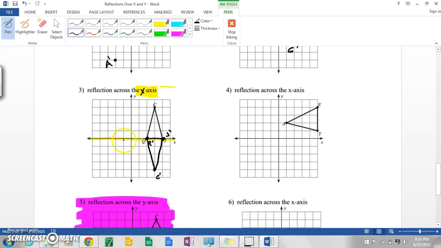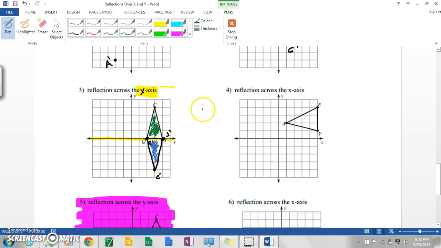Keep in mind, if I was to fold along this x-axis, if I was to fold the paper over, these shapes would line up exactly where they appear in the beginning. If I fold over this triangle right here, I can color it in blue. This blue triangle right here would match up exactly with the green triangle. You fold it, they're going to match up.